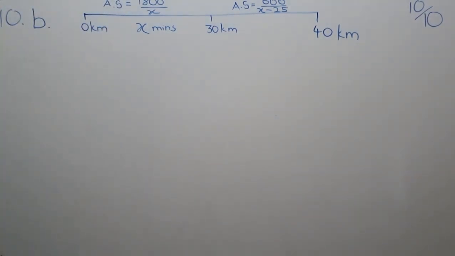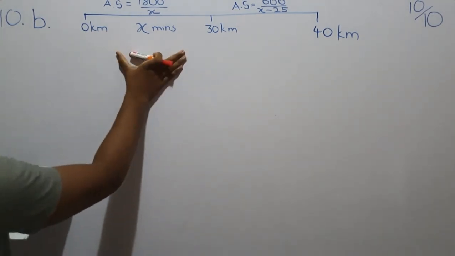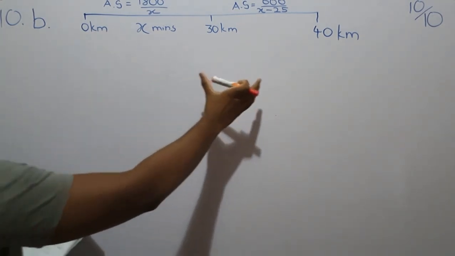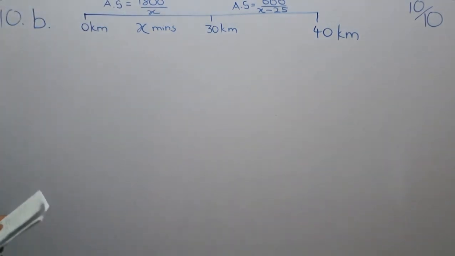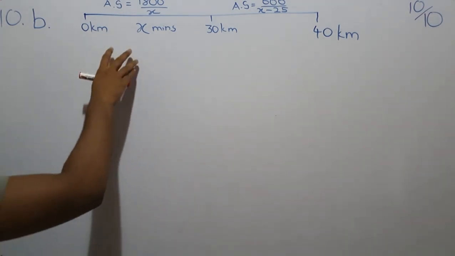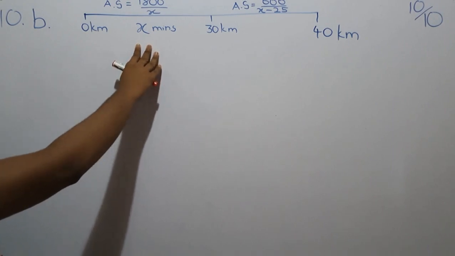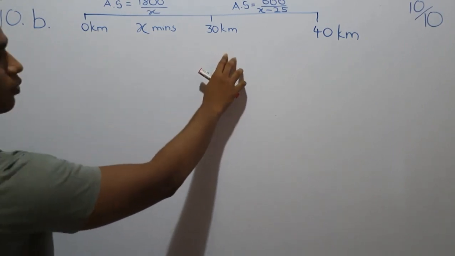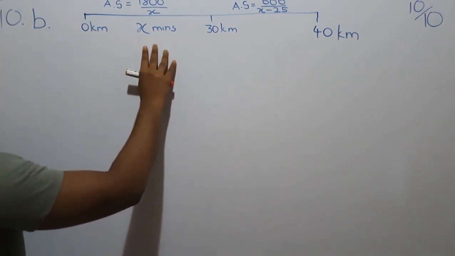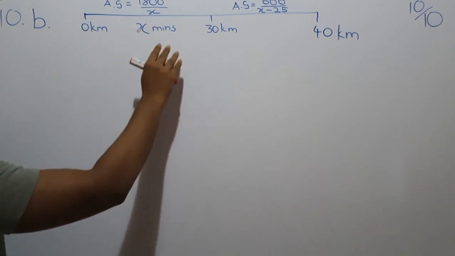So if you take this average speed as 18, this average speed is 10. That is what they mean here. Another example, if this average speed is 15, so for the first 30 kilometers, her average speed is 15 kilometers per hour.